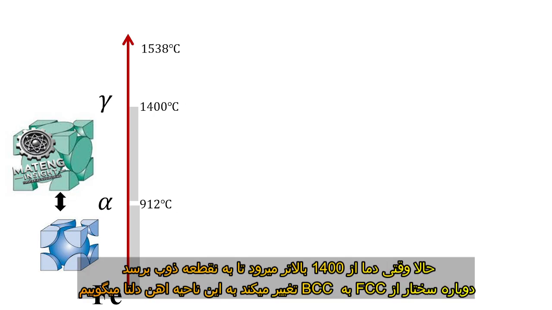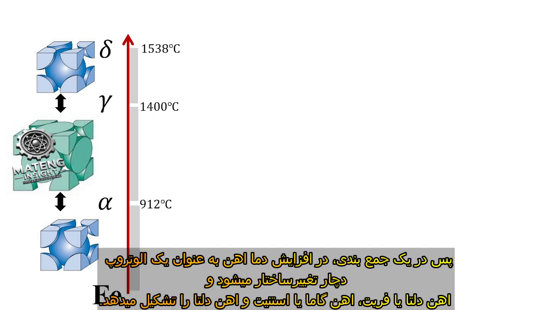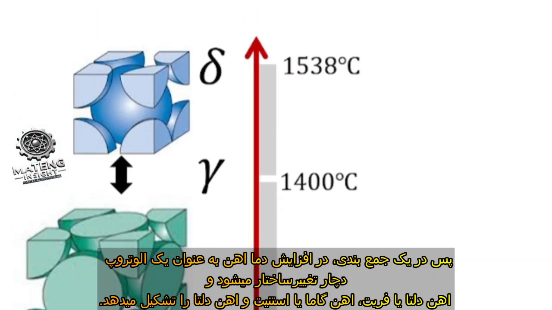Now, when the temperature goes above 1400 until it reaches the melting point, the crystal structure changes from FCC to BCC again. We call this delta ferrous region. In summary, when the temperature increases, ferrous changes its structure as an allotrope and forms ferrite, austenite, and delta ferrous.